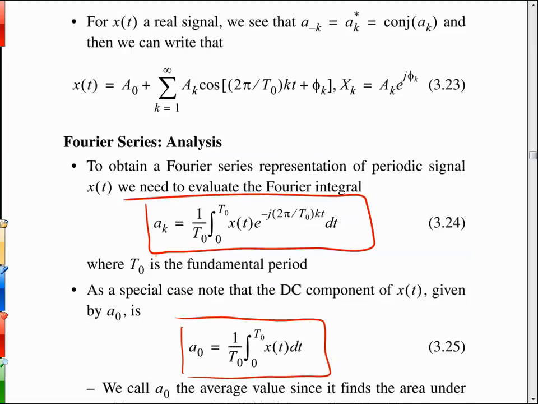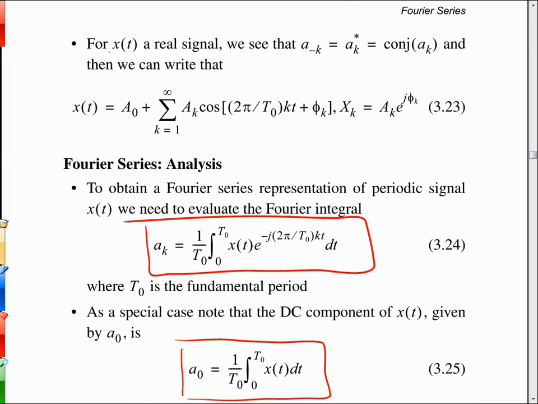A special case is if x of t is real, then we have the property that the coefficients that sit at the positive and negative indices in that doubly infinite sum are conjugates of each other, which means that from Euler's identity, we can put those two complex sinusoids together and always form a real cosine. So we have the same idea that we had with the phasor addition formula.